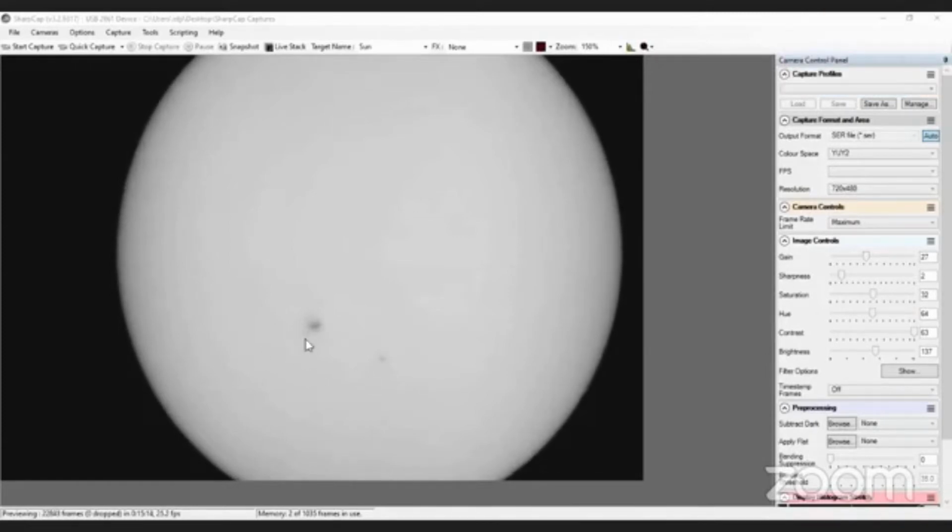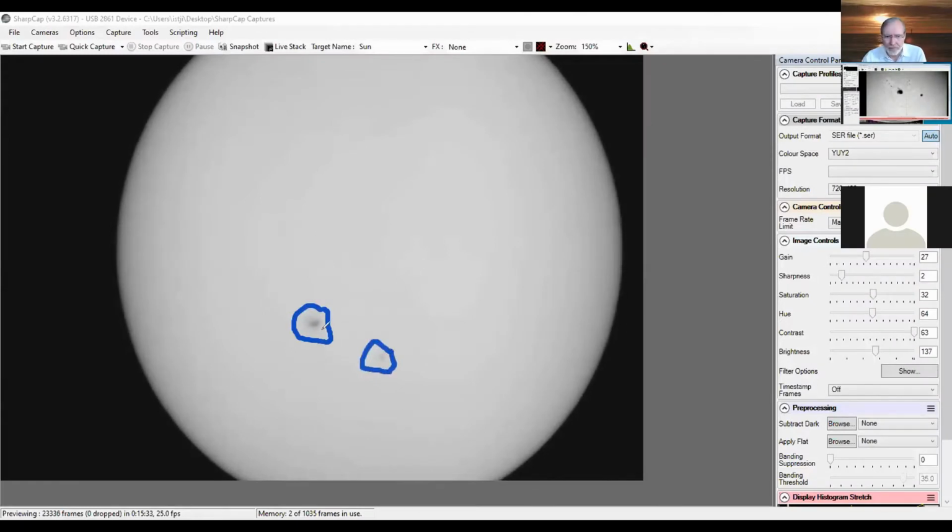Yeah, so this is a small 80 millimeter scope with what we call a white light filter over it. And then, as you can see, this is the main big sunspot, and there's a smaller sunspot here. You can see the darker area. This actually looks a lot better with your real eye than with the telescope, because your eye can kind of pick up different variations, I guess.